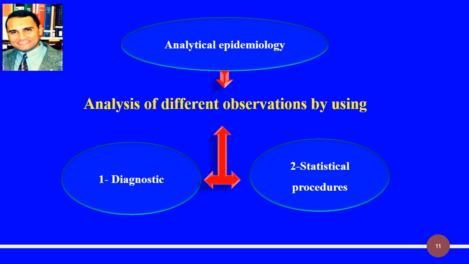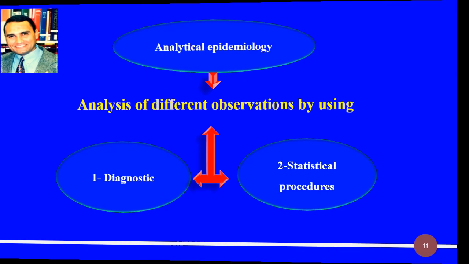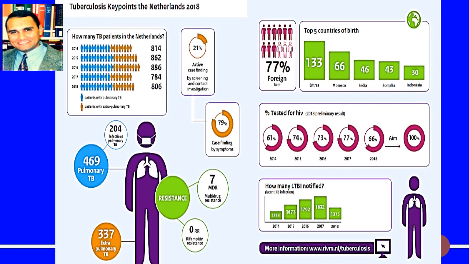Epidemiological studies use diagnostic procedures and statistical procedures, and combine them for analysis of the occurrence of any disease. A good example of analytical epidemiology is a study done in the Netherlands in 2018 about tuberculosis in human beings in that area.